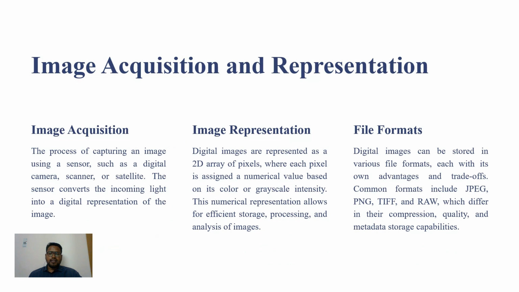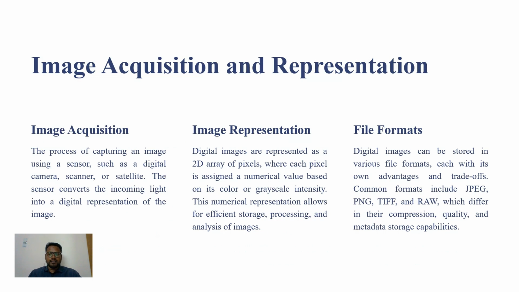Image acquisition and representation. This slide explains how images are captured and stored: image acquisition, image representation, and file format. Image acquisition is the process of capturing an image using a sensor like a digital camera or scanner. This sensor converts light into a digital representation.